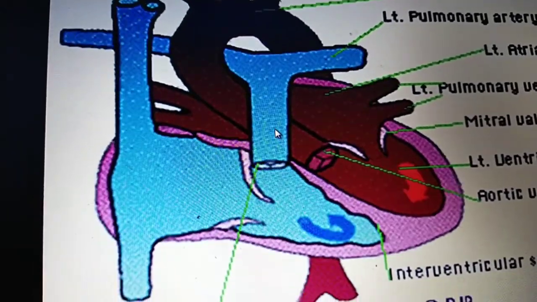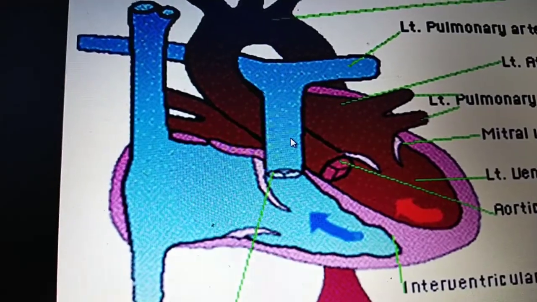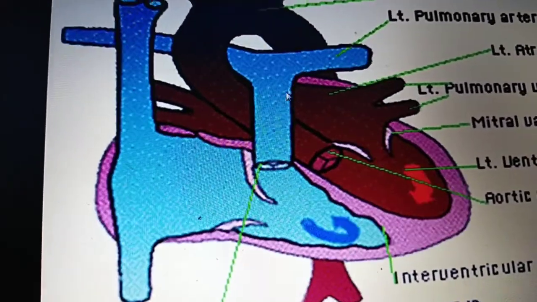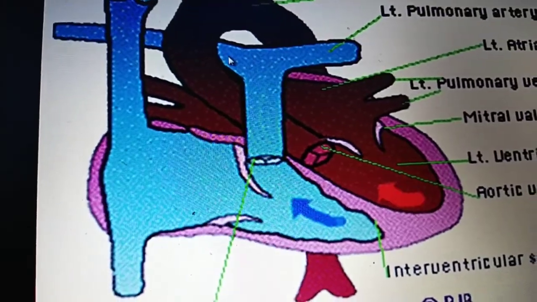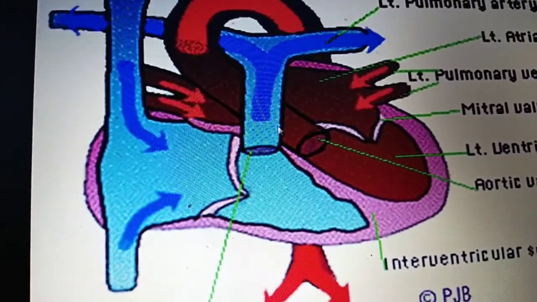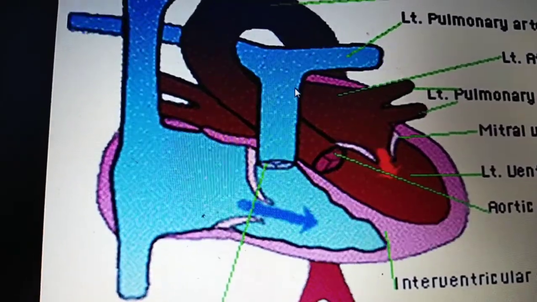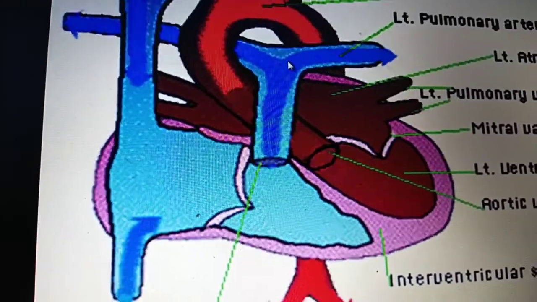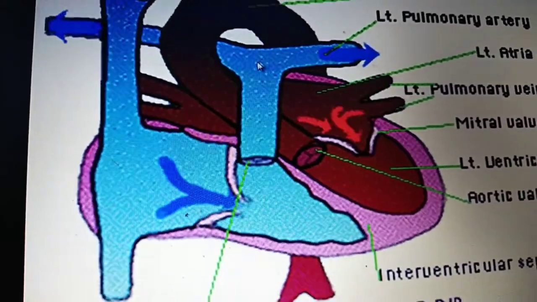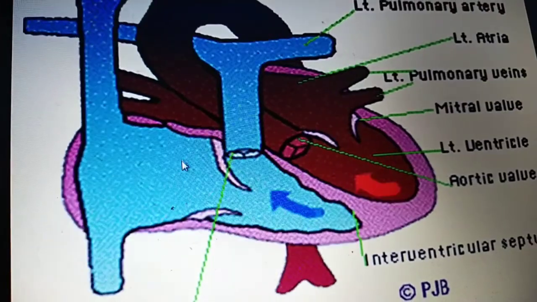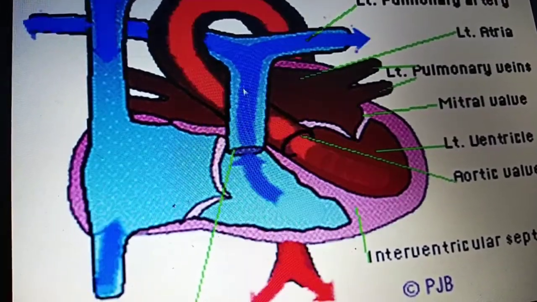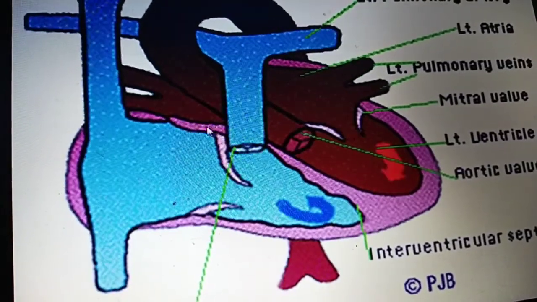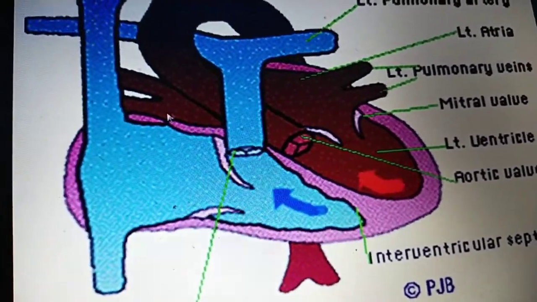This pulmonary trunk is 5 centimeters long, and it looks like a T shape. You can see here how it looks. The pulmonary trunk is located anteriorly and medially to the right atrium.